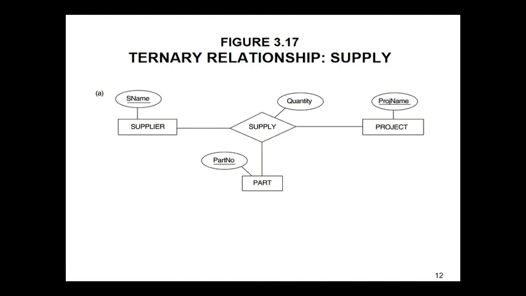So if I toss this out on the exam, you should be able to say, this is going to tell me what supplier provided a given part for a given project with this particular quantity, because it's the primary key of all of them to get that one piece of data.